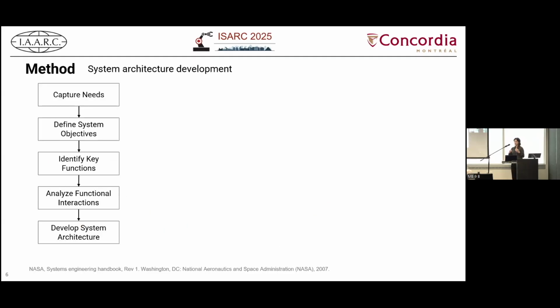To develop this framework, we're using a 5-step method in system architecture development. First, we capture the needs. Then, based on the needs, we define the system objectives and the corresponding functions. We analyze the interactions between different functions, and finally, we develop the system architecture.